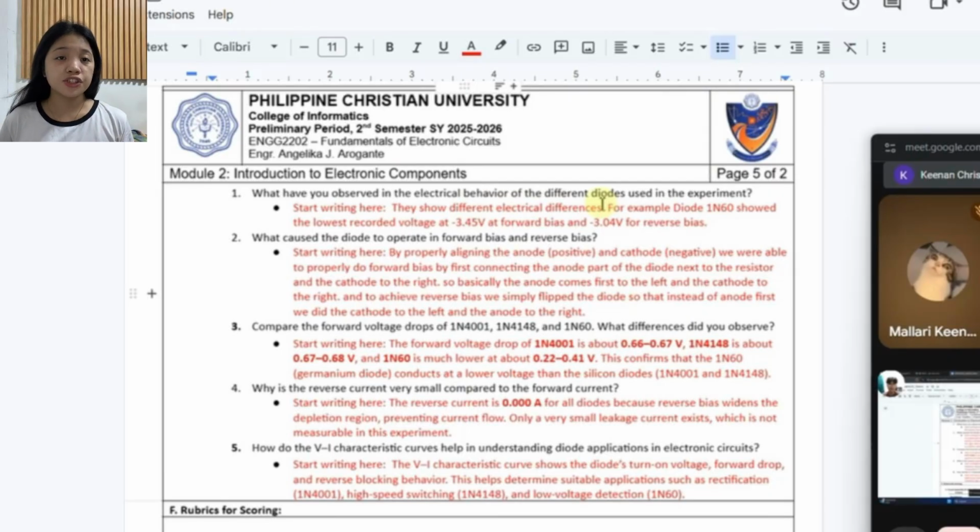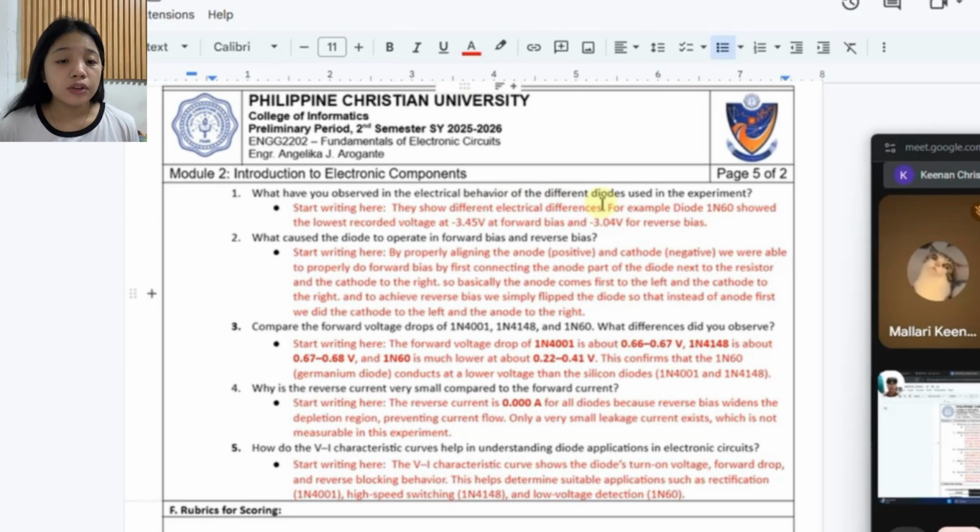So for question number 2, what caused the diode to operate in forward and reverse bias? What causes the diode to operate in forward and reverse bias mainly depends on the orientation and polarity of the connection.